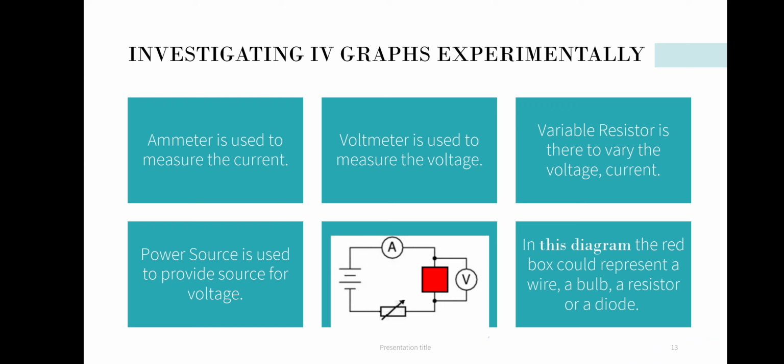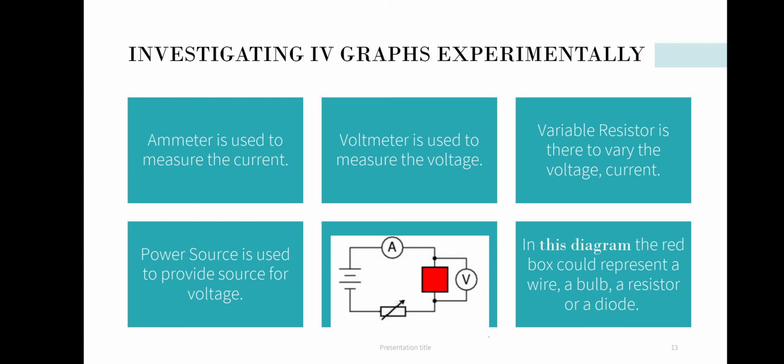Next up we have investigating IV graphs experimentally. You need to know that the ammeter is used to measure the current, the voltmeter is used to measure the voltage, the variable resistor is there to vary the voltage or current, and the power source is used to provide a source for the voltage.